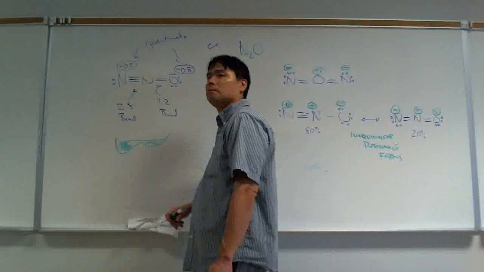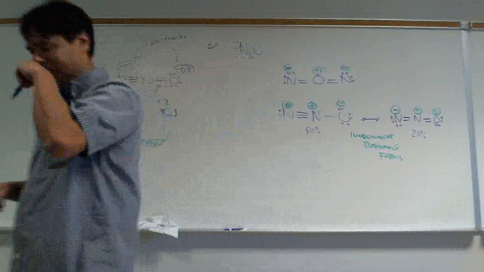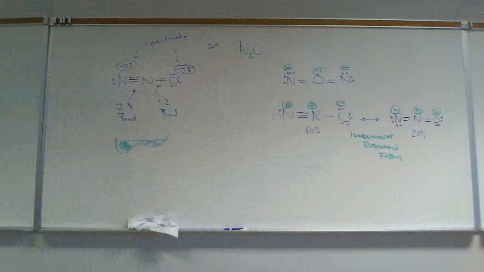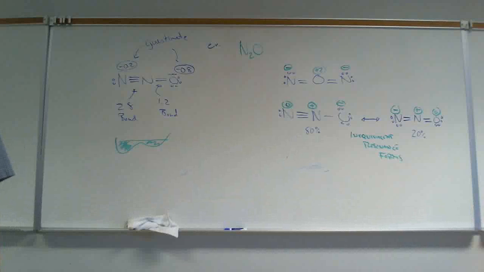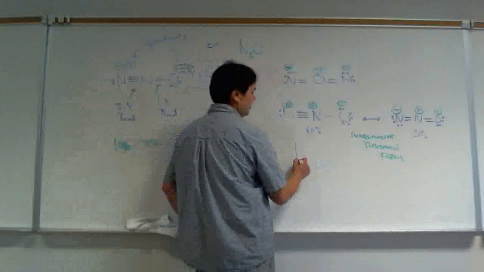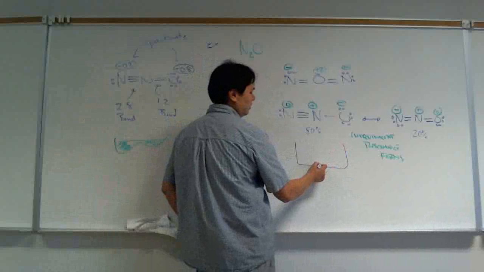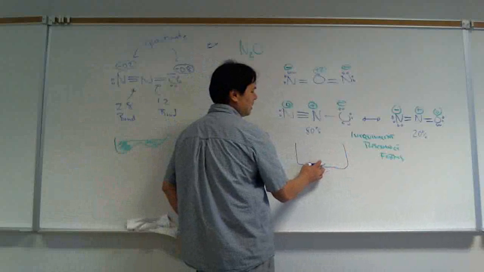Professor, can you explain about the delocalized? What do you mean by delocalized? What I mean by delocalized is this. Let's say you have a tub like this, a bathtub.